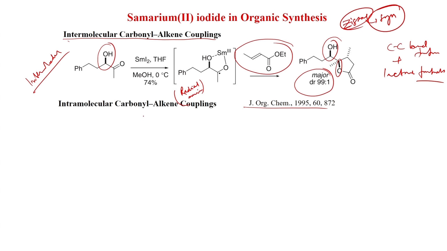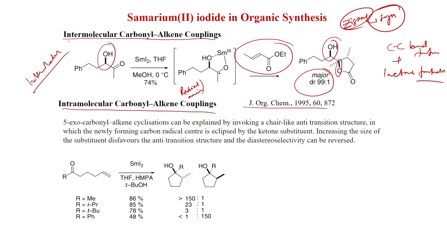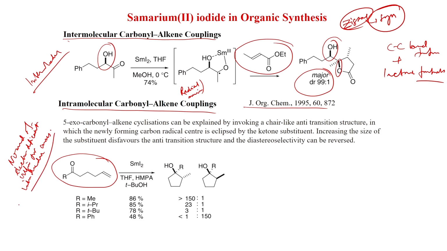Now, intramolecular cases also. We have already seen intramolecular phenol coupling. Similarly, intramolecular carbonyl alkene coupling can also be diastereoselective. Like here, if you have this ketone, here a double bond is present. In this case, you do not need an electron deficient olefin for intramolecular cases, because intramolecular reactions are always fast.